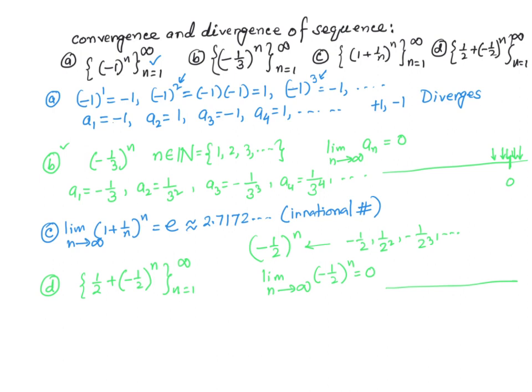Again, if this is your 0, it fluctuates on both sides, gradually getting closer and closer to 0, and at the limiting point, it goes to 0. Now, for the sequence itself, if this term goes to 0, then the limit as n approaches infinity of 1/2 plus negative 1/2 to the power n is going to be nothing but 1/2.